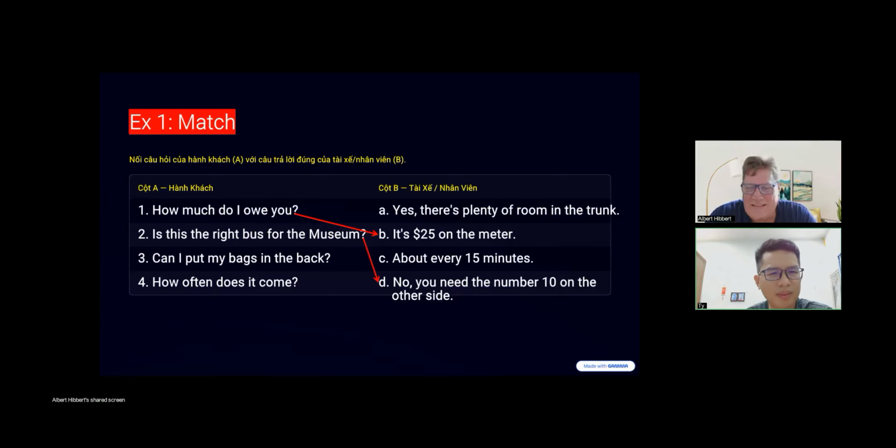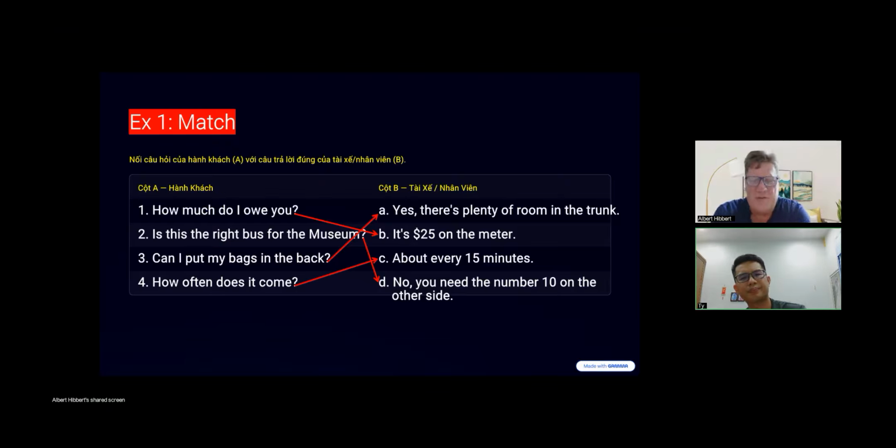Can I put my bags in the back? Yes, there is plenty of room in the trunk. How often does it come? The bus now. How often does it come? Often is about every 15 minutes.